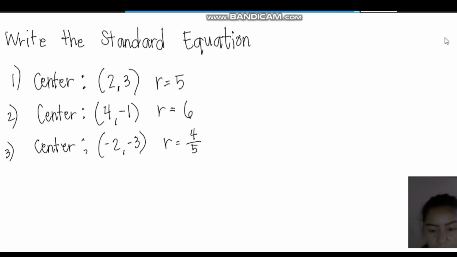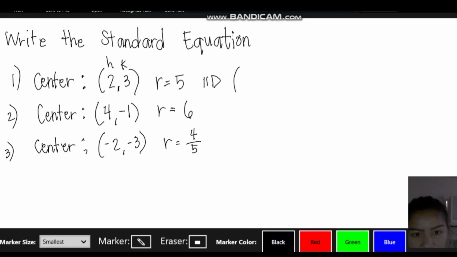So, what if, baliktarin naman natin. So, ngayon, ang given naman natin, write the standard equation. Given naman natin is the center and then the radius. So, ngayon, gagawa tayo ng standard equation given tong center and yung ating radius. So, number 1, given the center 2, 3, and the radius 5, write the standard equation. Again, sa center natin, this is the h and k. So, gagawa na tayo ng ating standard equation.